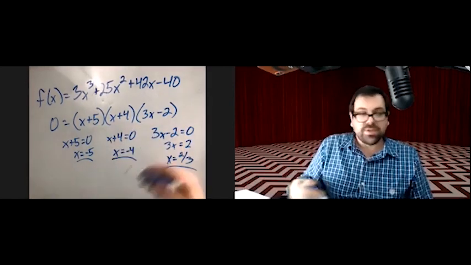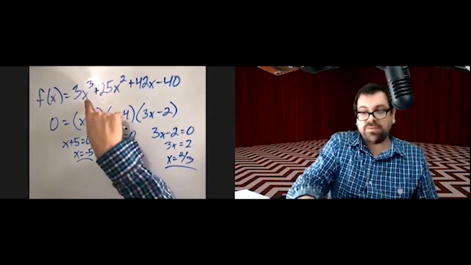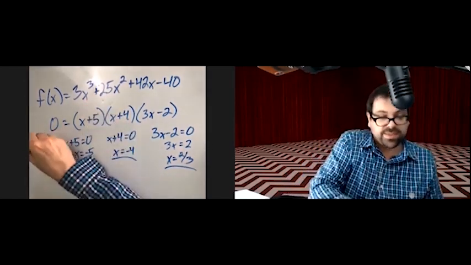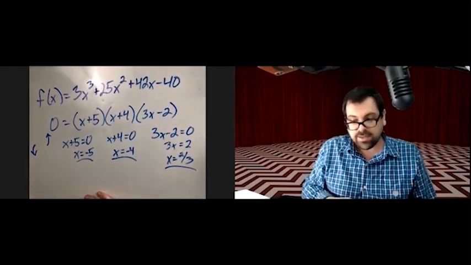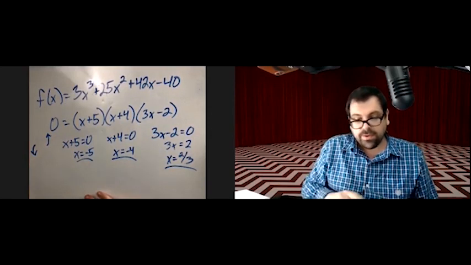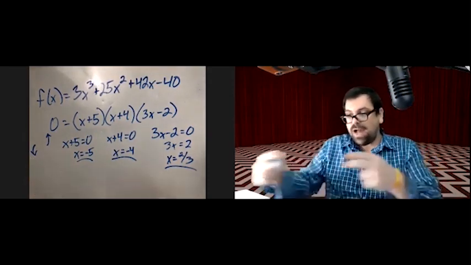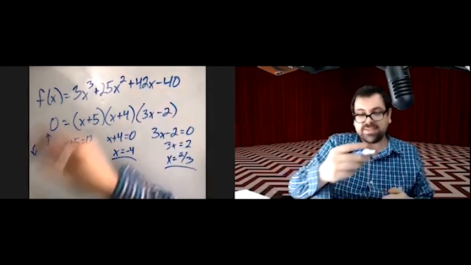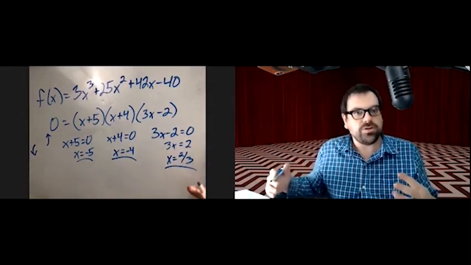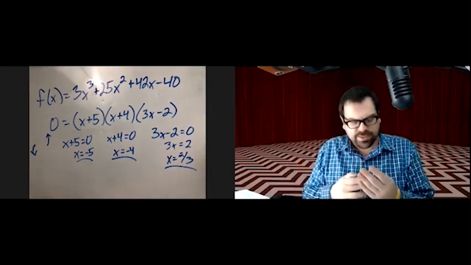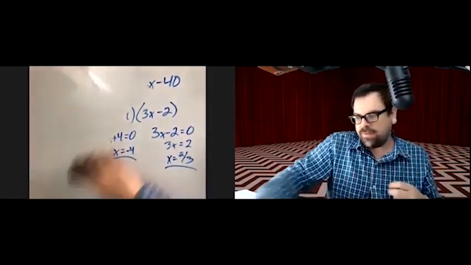They all have multiplicity 1, so they're all crossing points. This is a positive 3x cubed, which means that it falls to the left and rises to the right. With the end behavior in the x-intercepts, a y-intercept of -40 by plugging 0 in for x. These are points that we can have to start our graphing journey. So this is all just about getting more tools to help us graph.